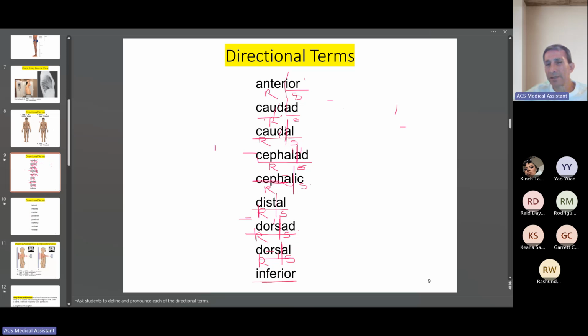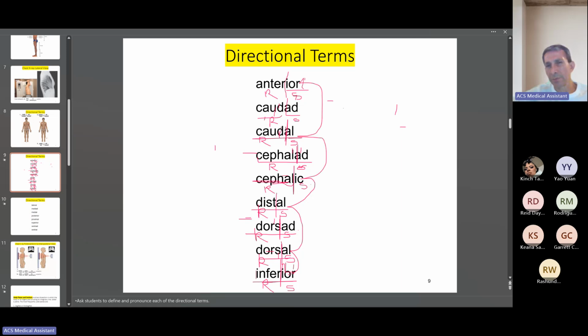Last but not least in this slide, inferior. So we have IOR, which is the suffix, and then we have infer, which is the word root. IOR means pertaining to.